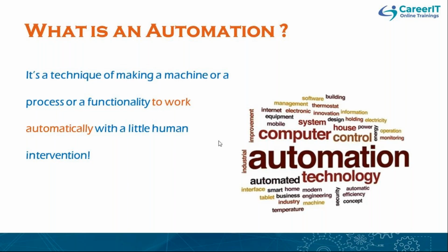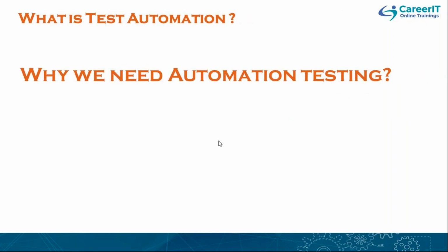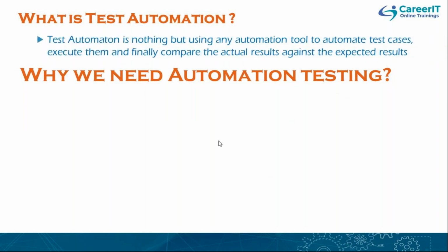Okay, now the next thing, let's try to understand. We just understood what automation is, right? Now let's see what test automation is. Then we will discuss why we need test automation though we have manual testing in place. First let's try to understand what test automation is.